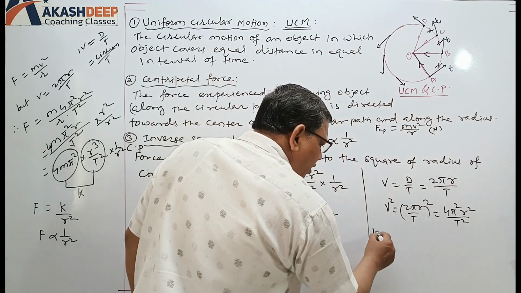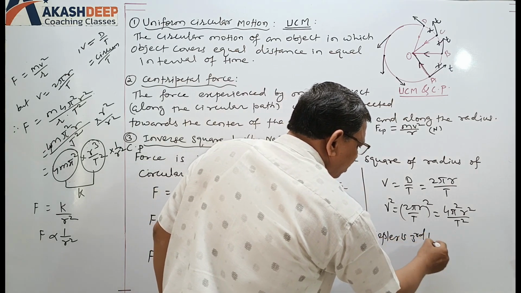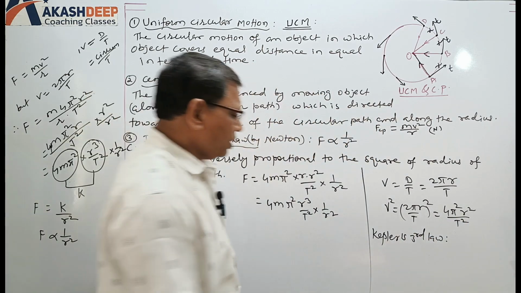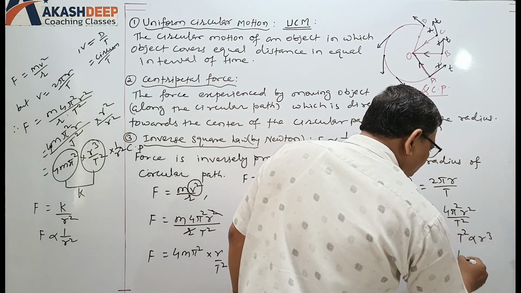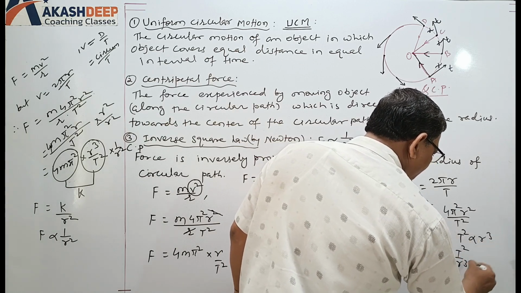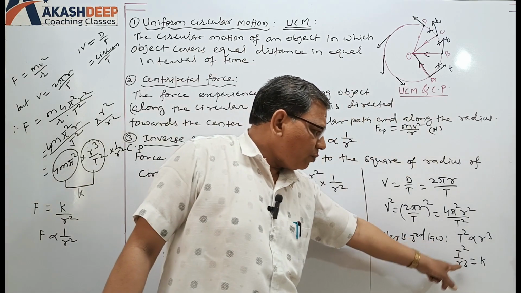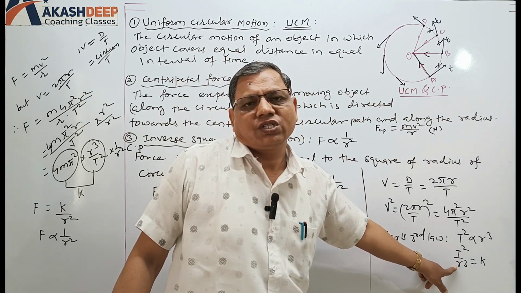You know Kepler's third law? Its mathematical expression is T square is proportional to r cube, or T square upon r cube is equal to constant. As T square upon r cube is constant, its reciprocal is also constant.